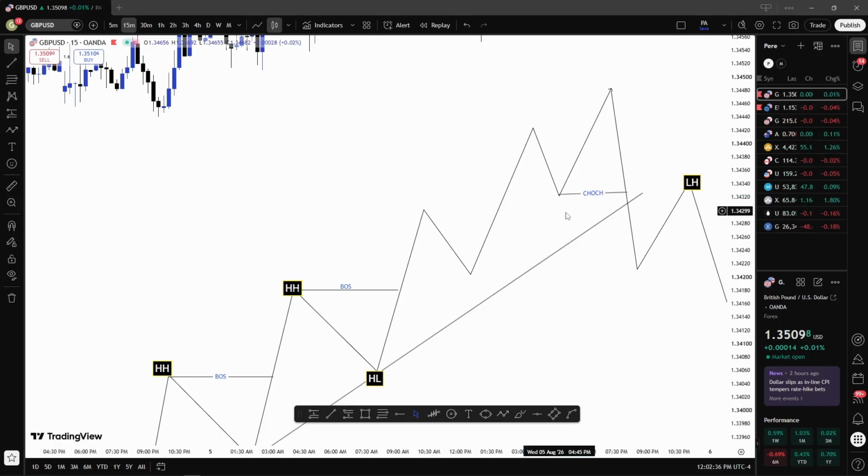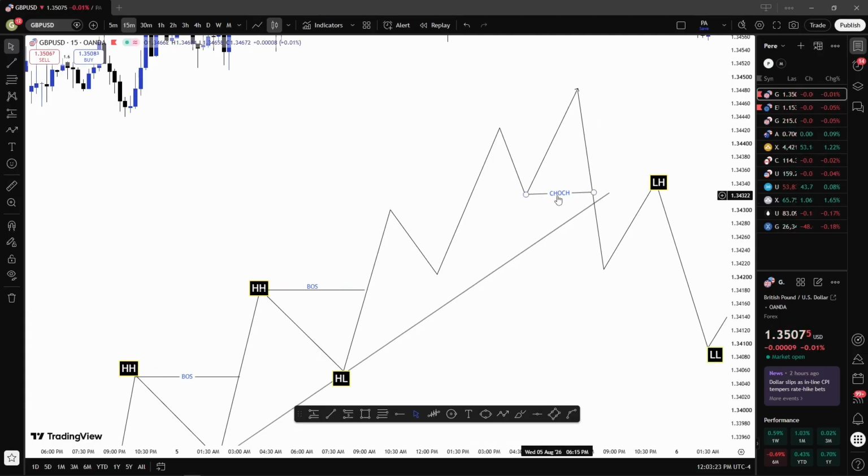Why is it called a change of character? Because at this point the market went from being an uptrend into a downtrend. The initial character was an uptrend, and the next character is a downtrend.